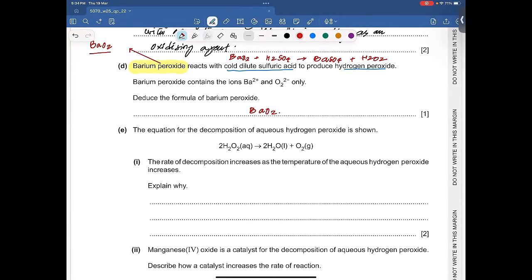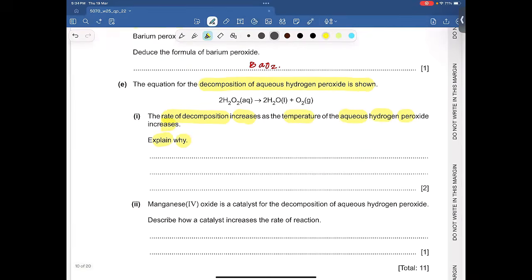The equation for the decomposition of hydrogen peroxide is shown. The rate of decomposition increases as the temperature of the aqueous hydrogen peroxide increases. Explain why. As temperature increases, kinetic energy of molecules increases.